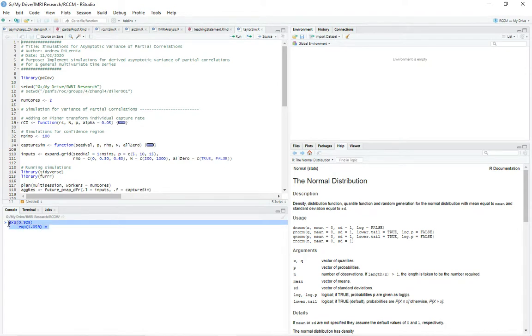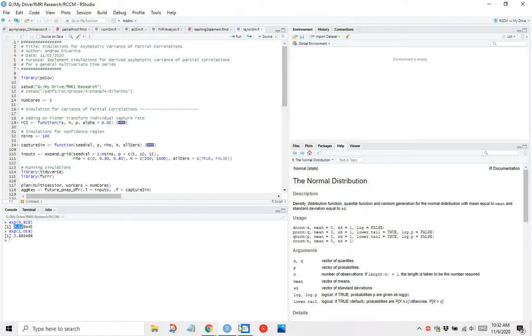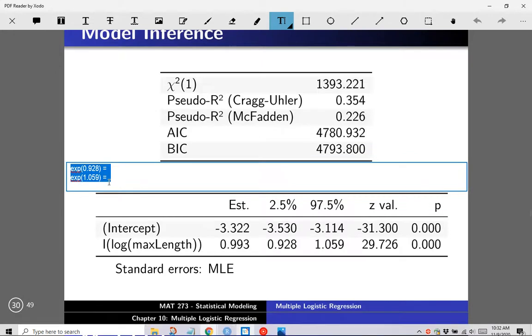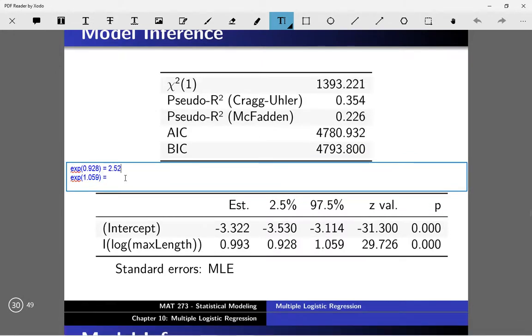Okay, so using R, or you can use a regular calculator or Google, we can get these bounds. So looks like 2.53 and 2.88. 2.53 if we round, and 2.88. Those are our bounds there.